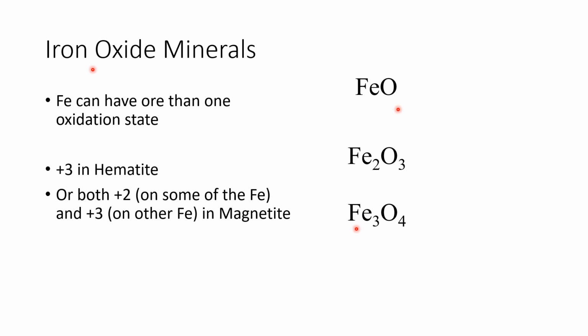In fact, we could take this a step further and write these irons as if they are different elements within the framework of that mineral. We could write it this way, that we've got 2 of these, iron 3+, and 1 of these in this parentheses with iron 2+, and we still have our 4 oxide anions.